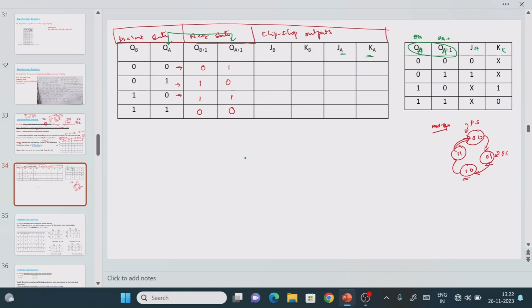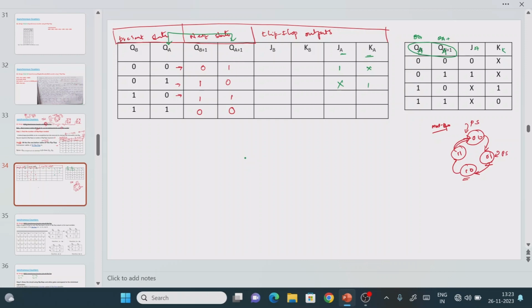So what is the JA KA value? 1 cross, right? We just need to write that value. Now what is the next QA plus 1 value? 1 0, right? 1 0 means, if you see here, cross 1. That value we need to write again as the JA KA. Next, what is the value? 0 1, right?